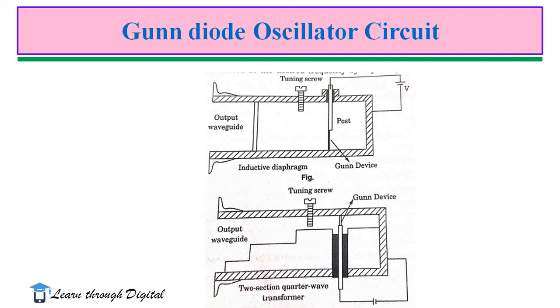The output power of Gunn diode is limited by the difficulty of heat dissipation from the small chip. Small size, ruggedness and low cost are some of the advantages of Gunn oscillator circuit.